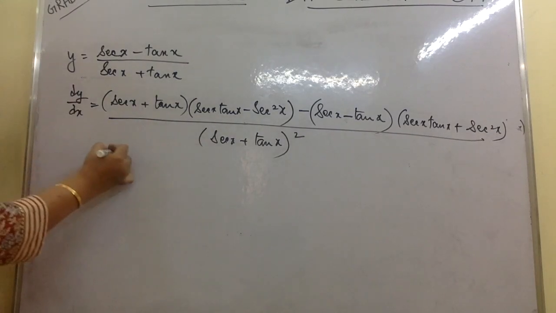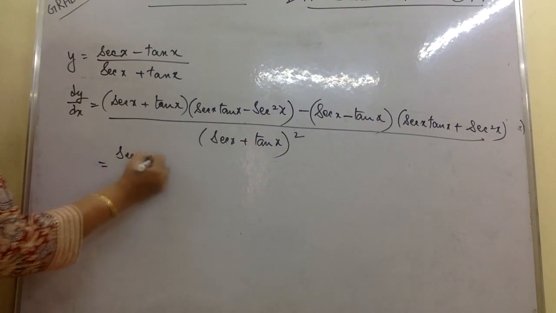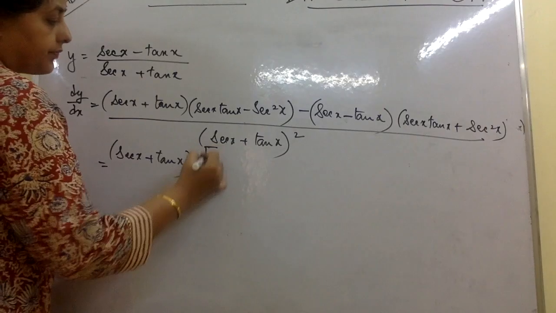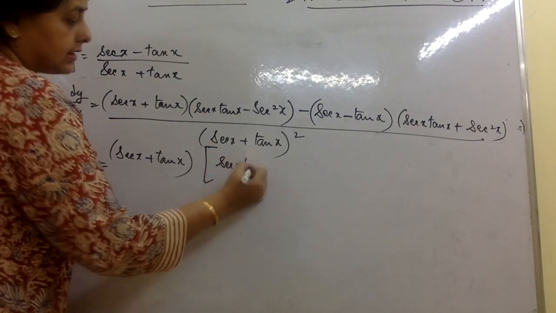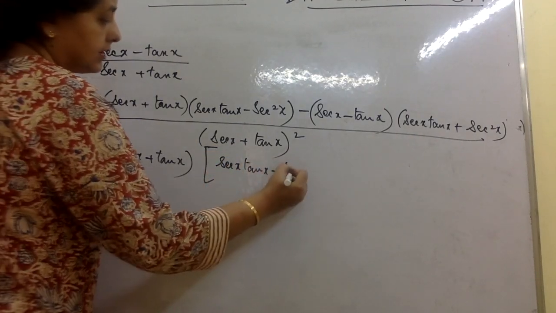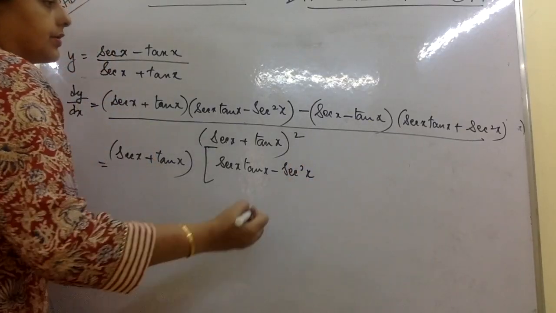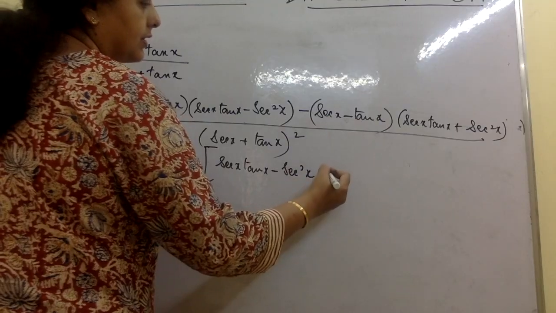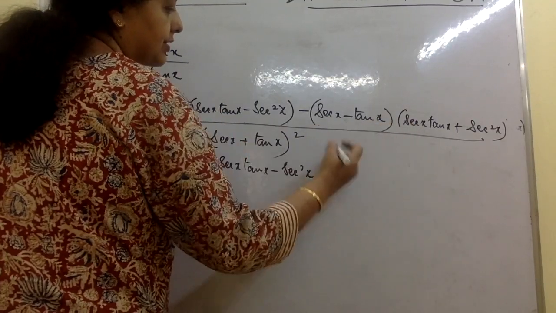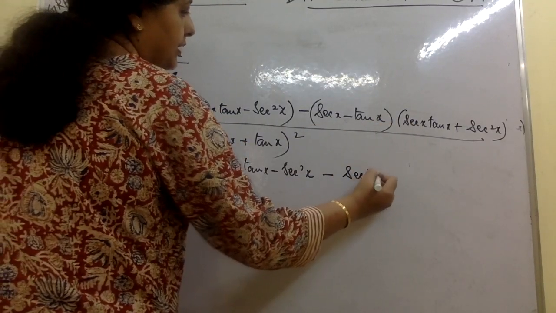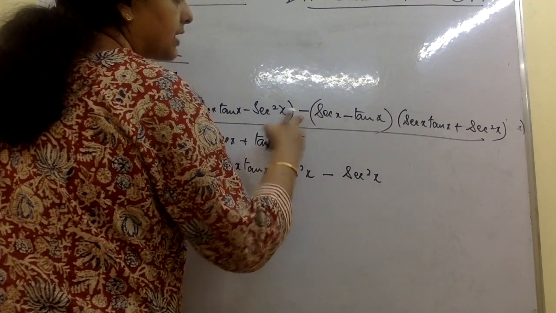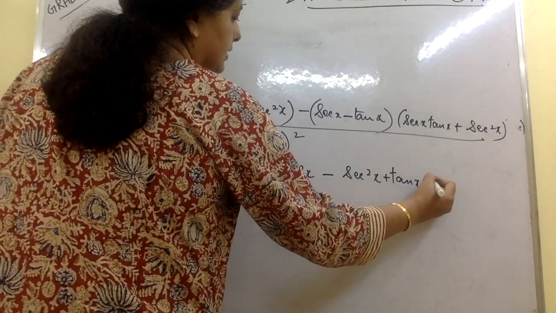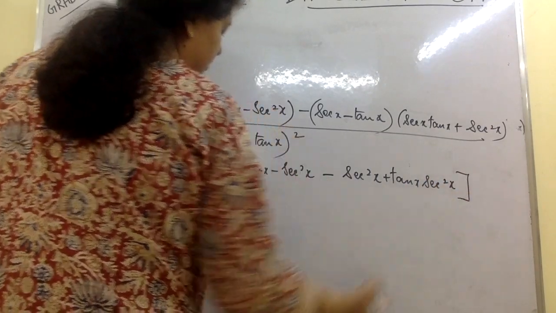So if we take sec x plus tan x common, then we have sec x tan x minus sec square x. Okay, and here we have minus this sec x that was remaining here, minus sec square x, and this is plus tan x sec square x, bracket closed.